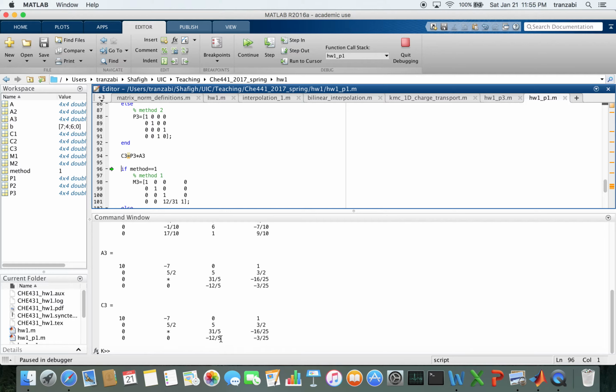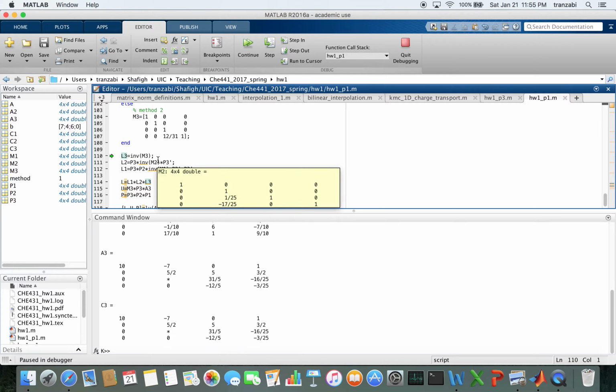Now, you have to make zero below the diagonal in the third column, and we can see that the coefficient should be 12 over 31. So this would be our final coefficient matrix. Now we multiply the matrix A by that, and we get zeros below the diagonal.